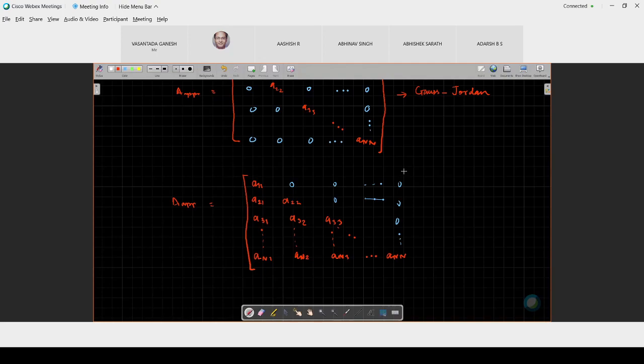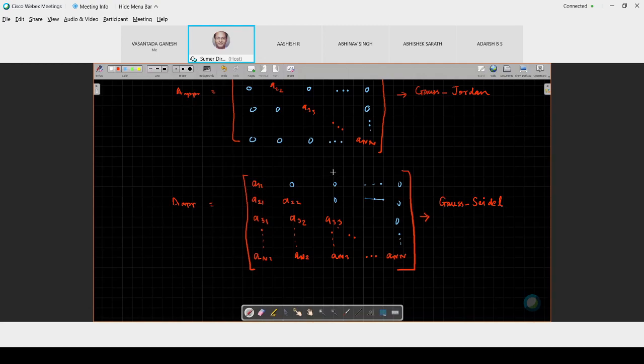If you have this type of approximate matrix, then this very famous iterative technique is called the Gauss-Seidel method. So in the case of Gauss-Seidel, we get essentially this kind of approximation.